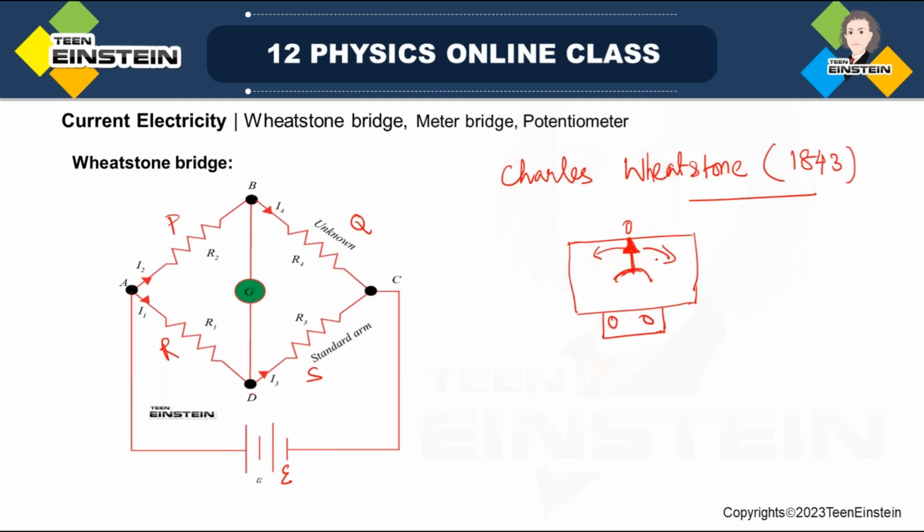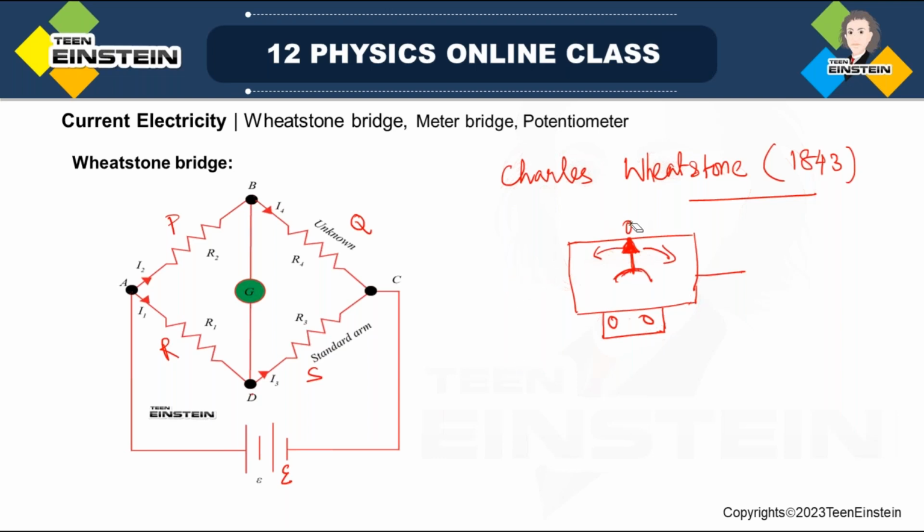By seeing the deflection of the galvanometer, we need to understand whether the current is flowing through the circuit or not, or through a particular branch or not. Suppose I have a circuit and a particular branch, and I connect this galvanometer in it. If the needle is still, not moving or deflecting, then through that branch there is no current flowing.